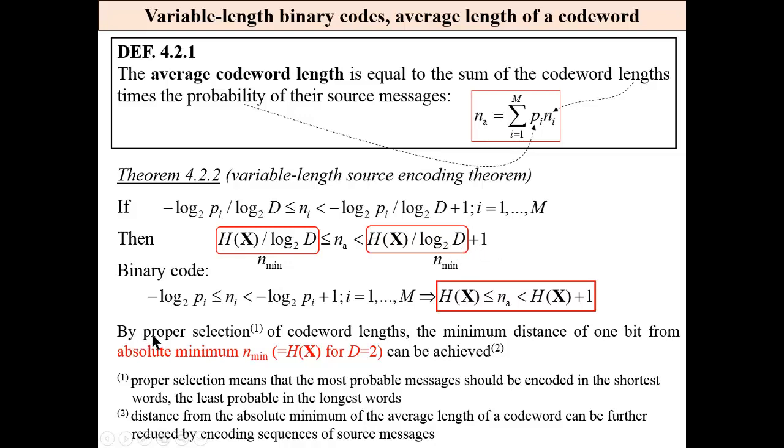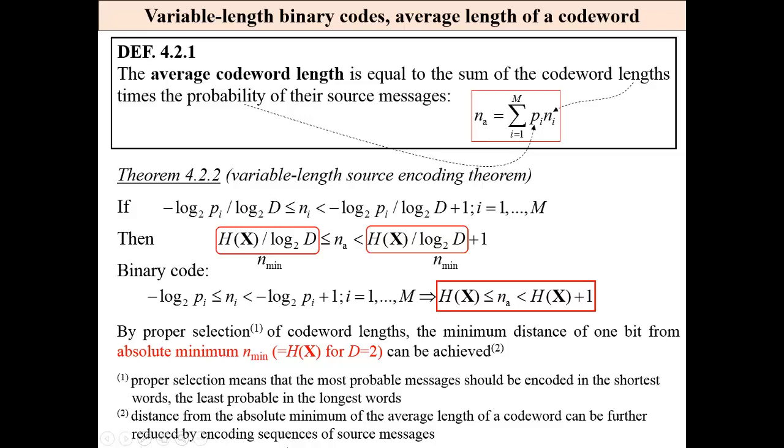What it means is that by proper selection of code word length, the minimum distance of 1 bit from absolute minimum, which for binary code is just entropy of the source, can be achieved. By proper selection, we mean the most probable message or messages are encoded in the shortest words, and the least likely in the longest words.